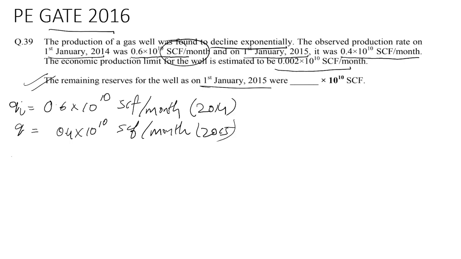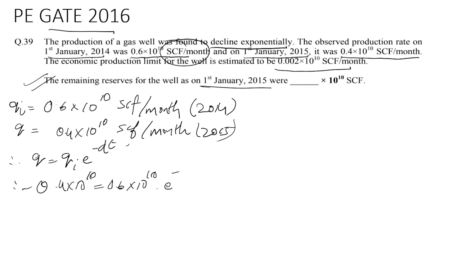Now we know the formula Q is equal to Qi e to the power minus Dt. So 0.4 into 10 to power 10 equals 0.6 into 10 to power 10 e to the power minus D into time. The time would be 12 months because there is a gap of 1 year.